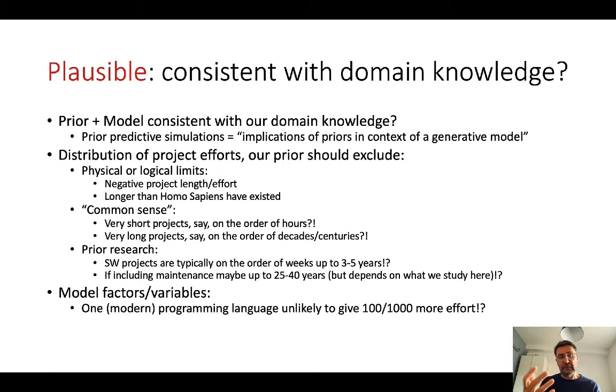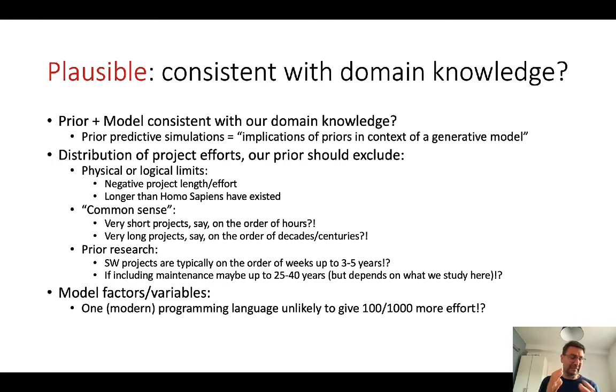In the plausible step, we can also consider modeling factors or variables. So, for example, if our model has a linear structure, so we have some kind of coefficient that scales with programming language and so on, it seems unlikely that there will be a factor of maybe 1,000 difference in these coefficients.